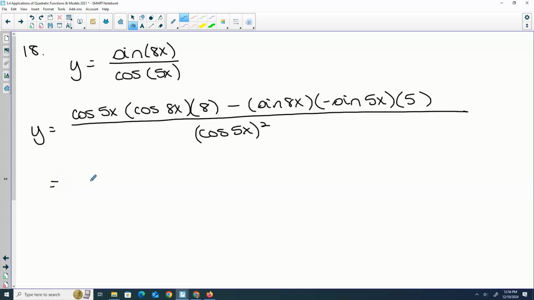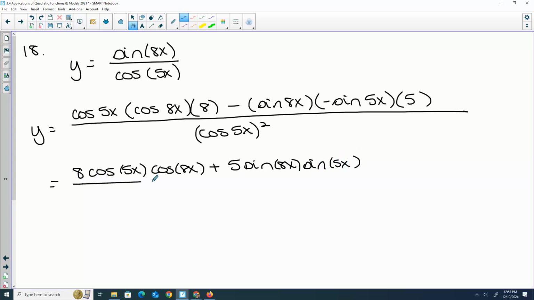Okay. So when we do that, we could pull our coefficient forward. So we have 8 cosine of 5x, cosine of 8x. Here, two negatives make a positive 5 sine 8x and 5x, over cosine squared.